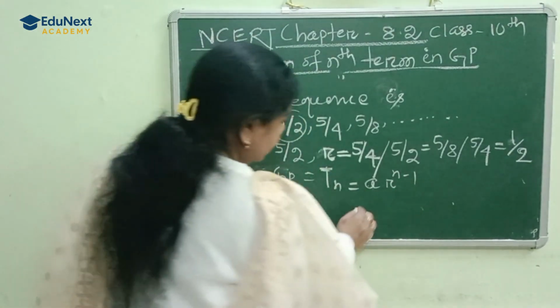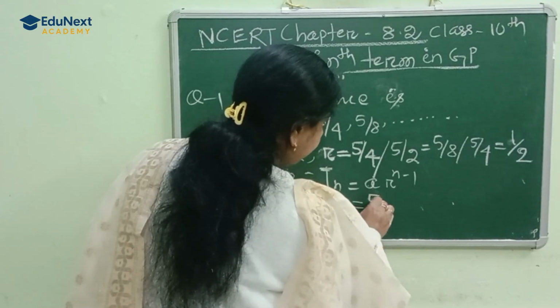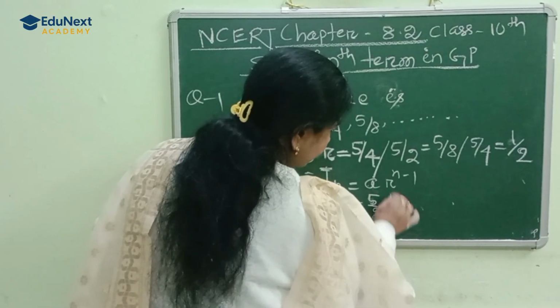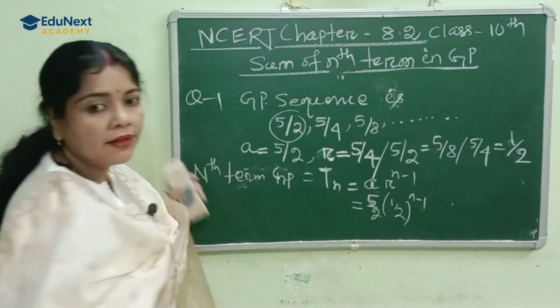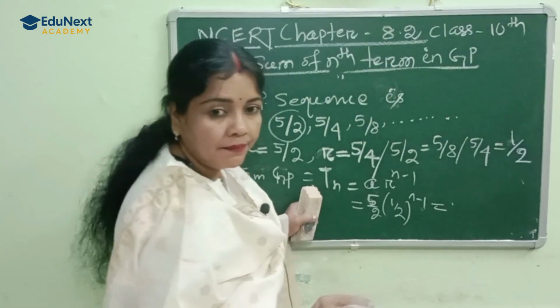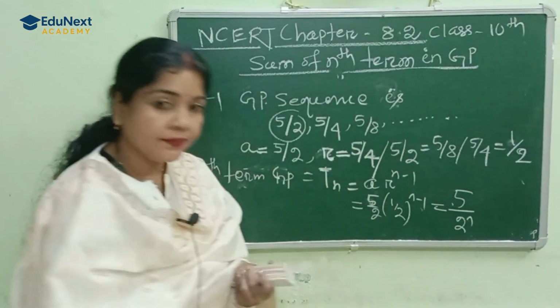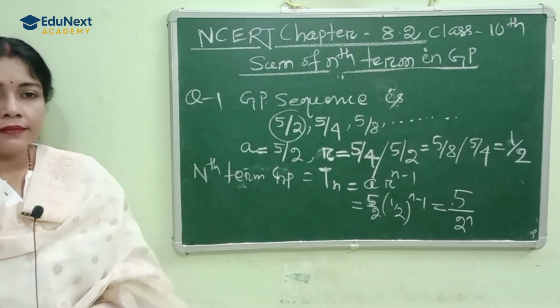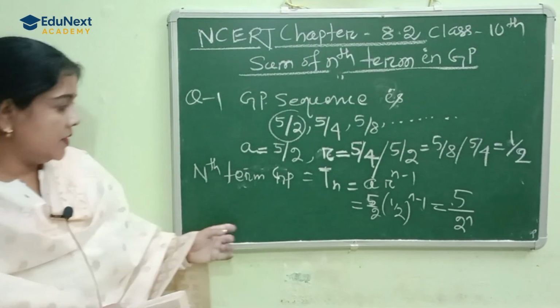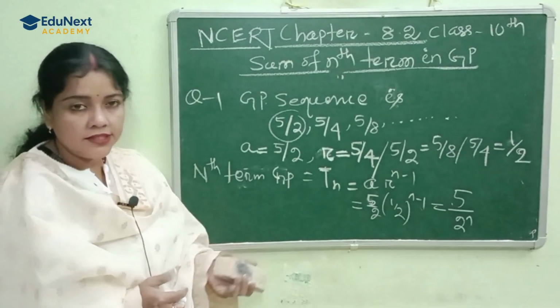Here A is 5 by 2, r is 1 by 2 to the power n. Okay, so if I solve, I will get 5 by 2 to the power n. So this is how you can solve the nth term in GP.